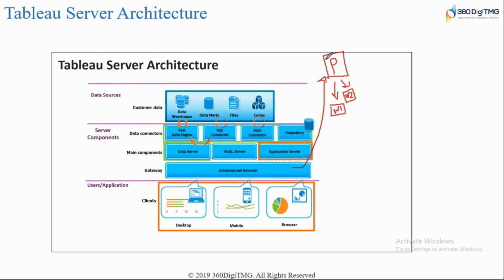If the primary server goes down, the Tableau Server administrator will step in and assign the role of primary server to one of the worker servers. So one of the worker servers will temporarily assume the role of the primary server and start routing the requests to the rest of the worker servers.